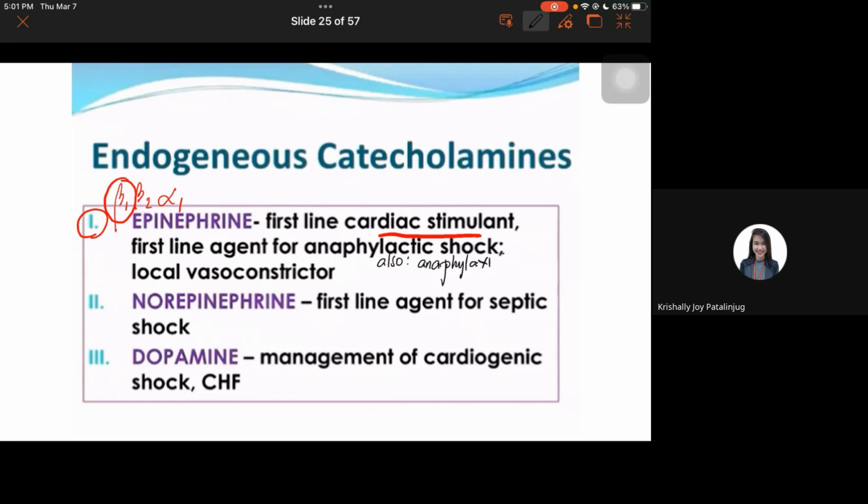Okay, patients diagnosed with anaphylaxis and also those experiencing anaphylactoid reaction. Again, these are the three anaphylactic states or conditions na pwedeng panggamitan for epinephrine.